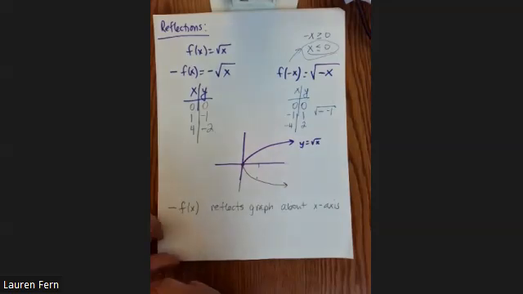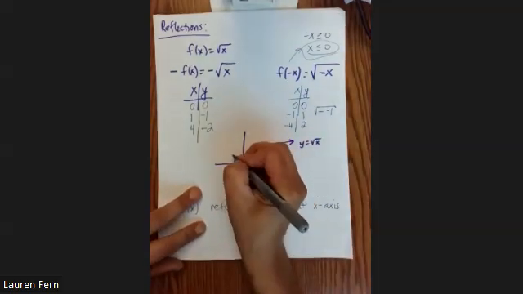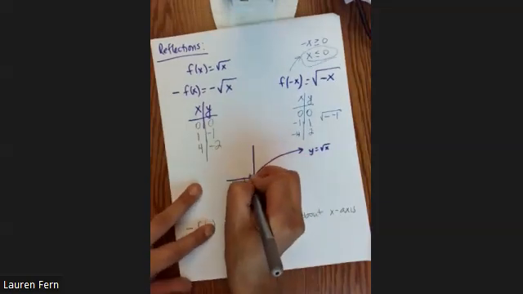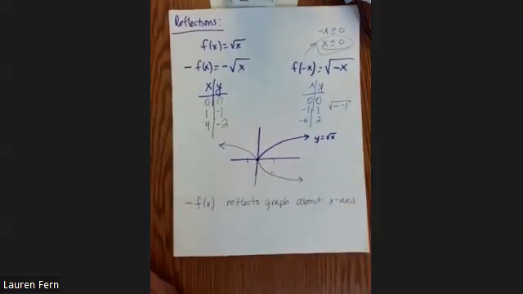So if I was to graph this, we're still at 0, 0, but now I'm at negative 1, 1, etc. And I claim this is what my graph is going to look like.